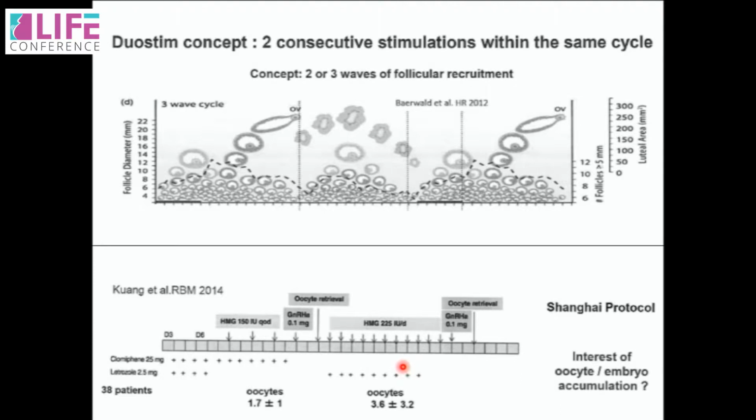He would then stop, and here again agonist trigger and retrieval. And he actually got more oocytes from the second phase of stimulation and retrieval than the first phase. He actually had about double the amount of oocytes.